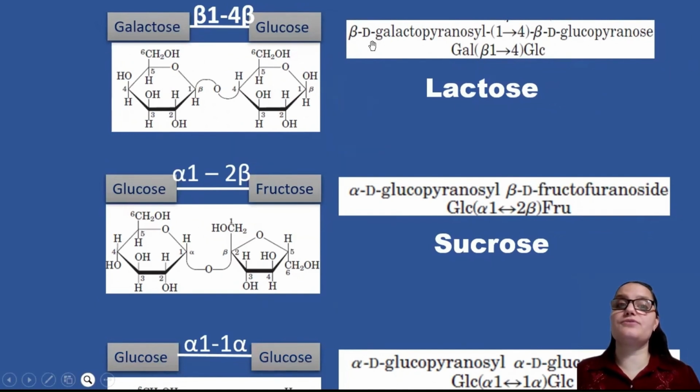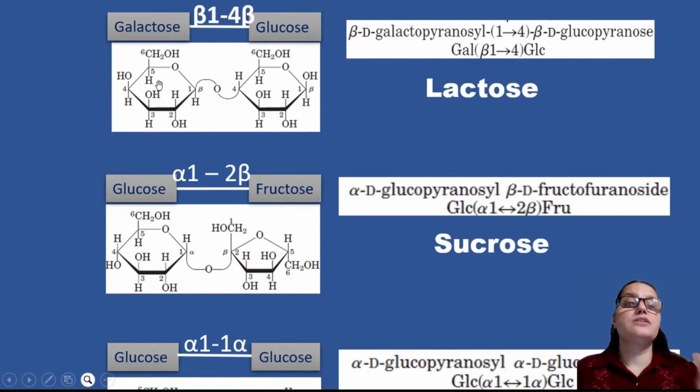And this is its scientific name, beta D galactopyranosyl. Because this was galactose, and the OH which took part in the formation of the glycosidic bond was directing upwards. Upward means beta. So beta D form. Why D? Because the sixth carbon is pointing upwards. If it were the L form, it would be directing downwards.